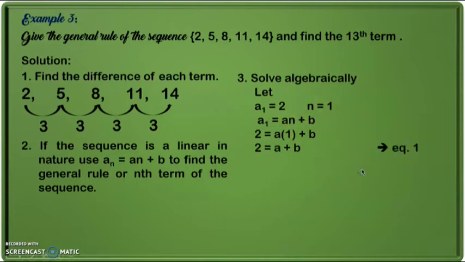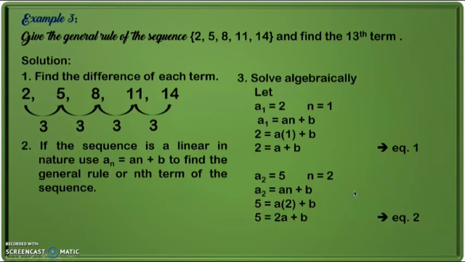Then simplify. This will be our first equation: 2 is equal to a plus b. For the second term, a sub 2 equals 5 and n equals 2. Plug in. 5 is equal to a times 2 plus b.